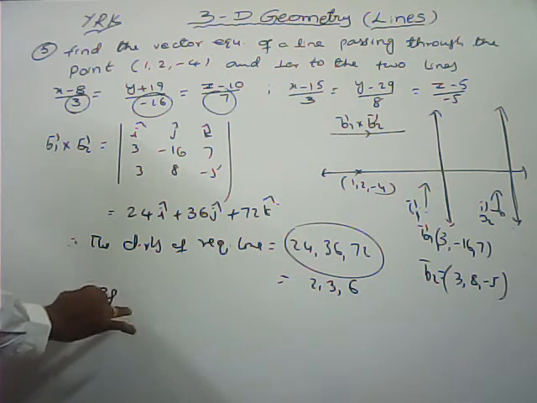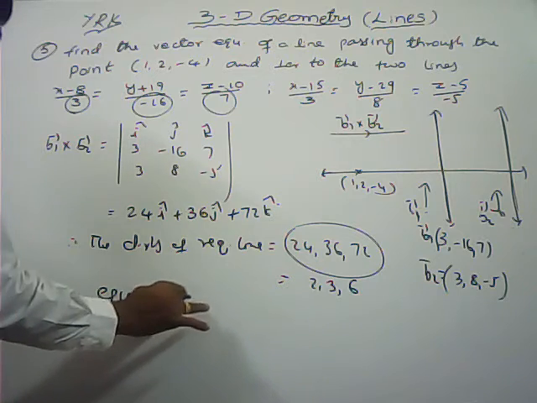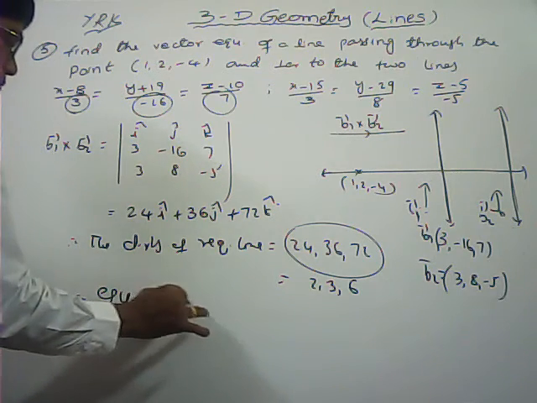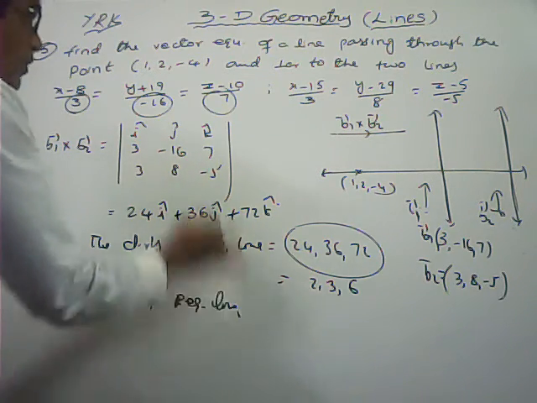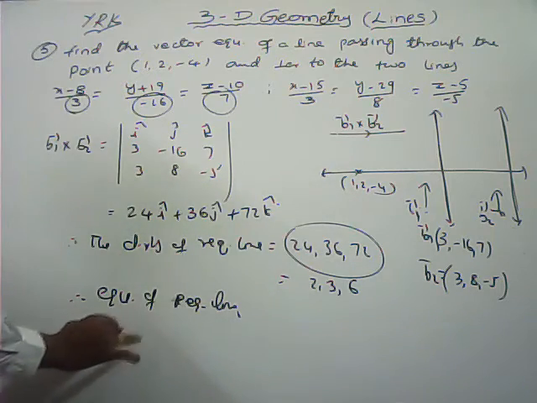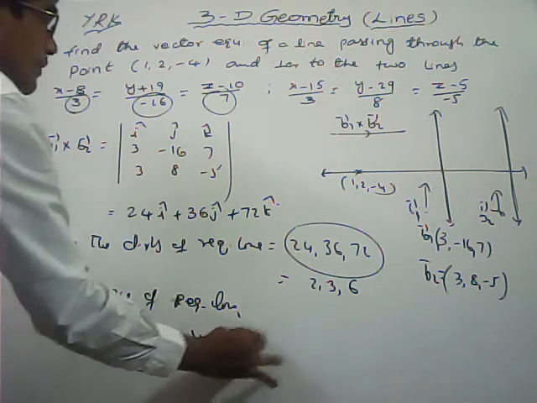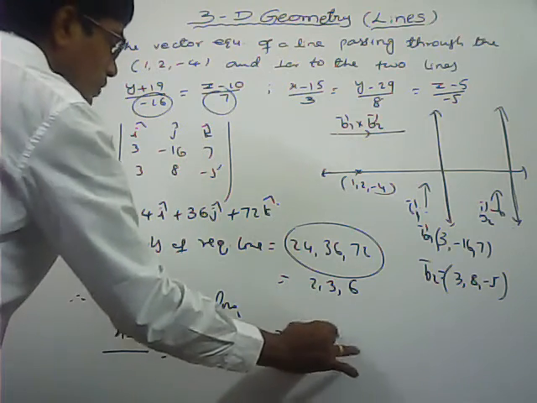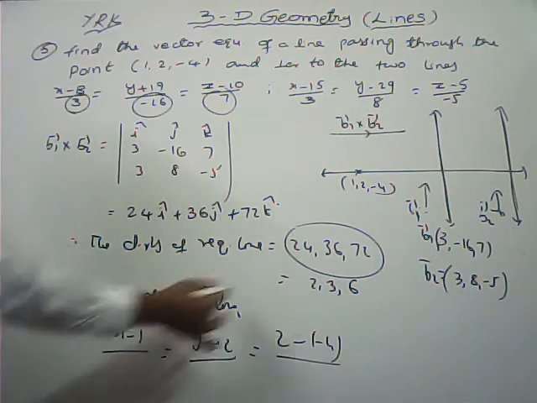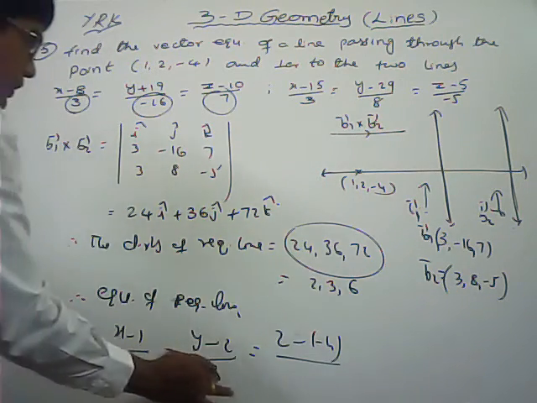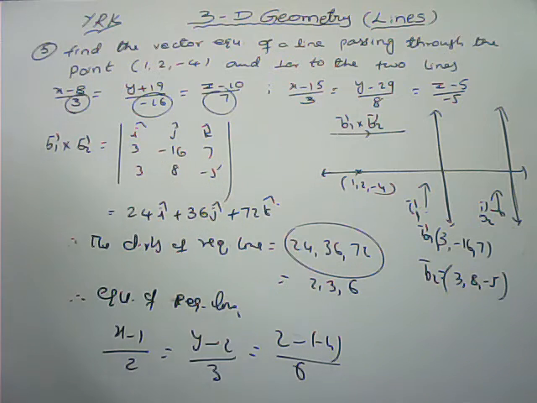Therefore, the equation of the required line passes through the point, x minus x1, y minus y1, z minus z1. What are the parallel DRs here? 2, 3, 6. You can write in the simplest form.